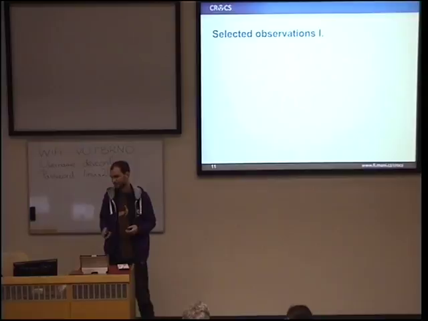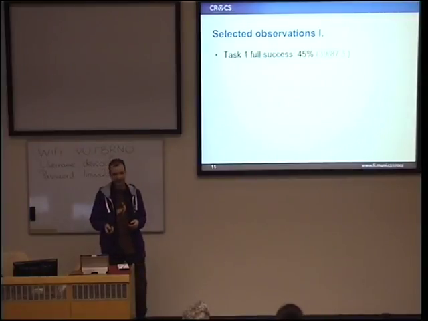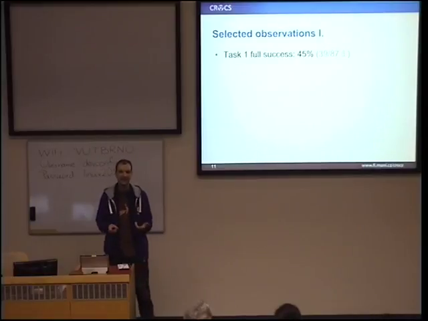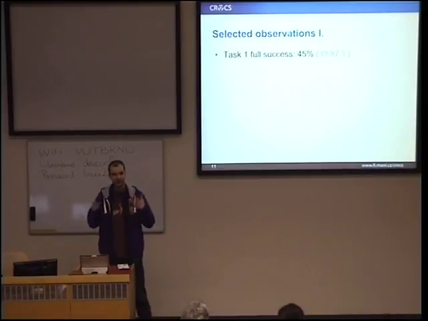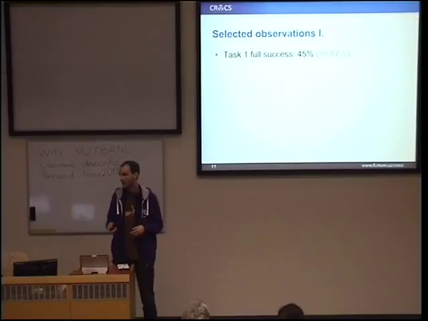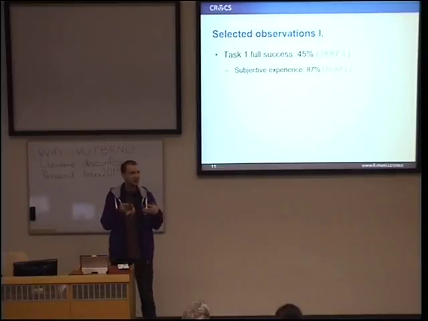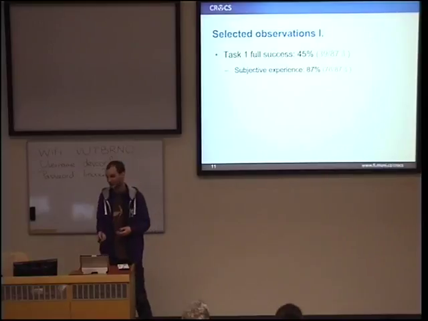What did we learn? For the first task, issuing the certificates, 45% of the attendees succeeded in issuing the certificates for the user that we asked them to do. However, 87% thought that they succeeded. So there's a great mismatch between what people think and what is really true of their work and of their creations.